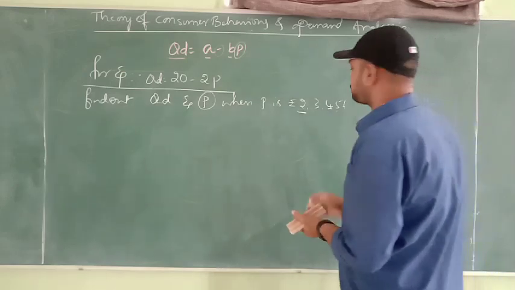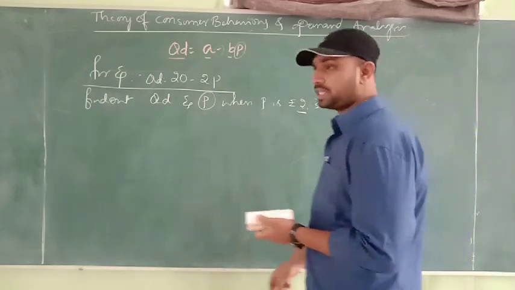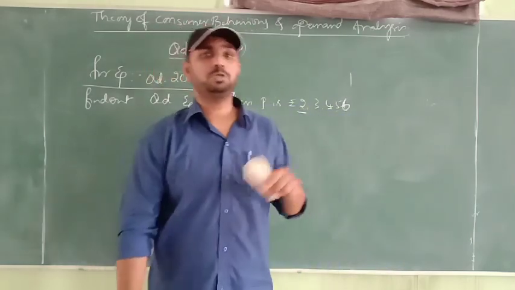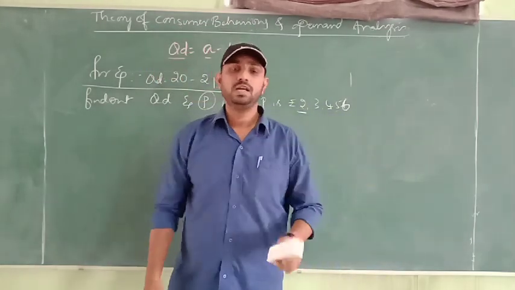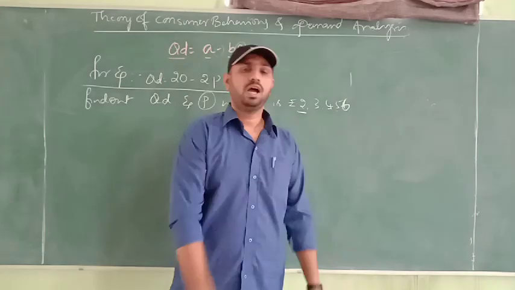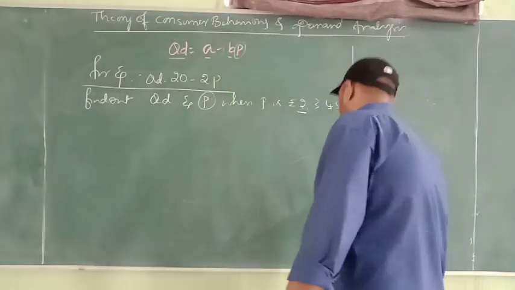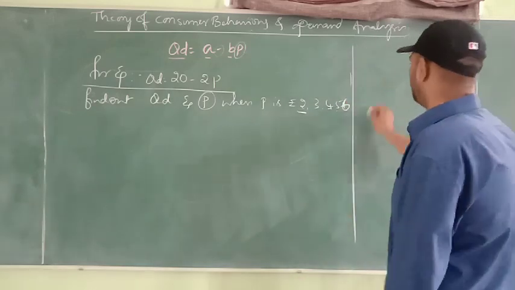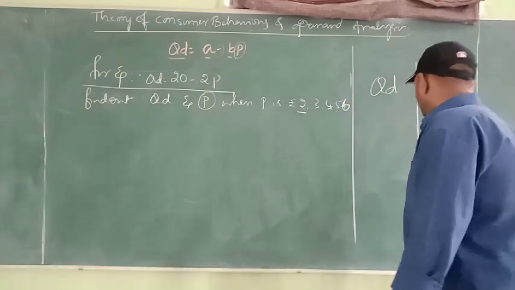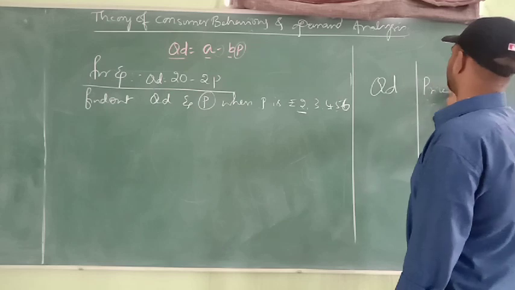If QD equals 20 minus 2P, and the price increases from rupees 2, 3, 4, 5, 6 likewise, then how will it affect the quantity demanded? For that, we need to go to the solution side. Okay. For that, make QD one column, and P, that is price.